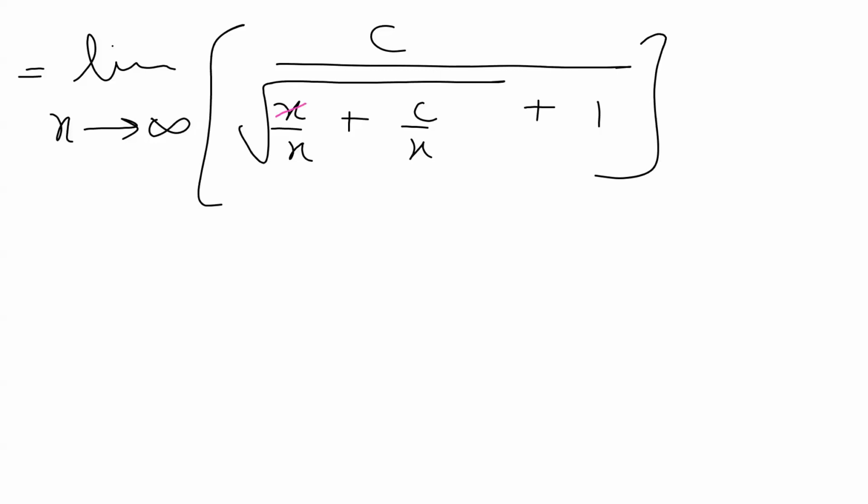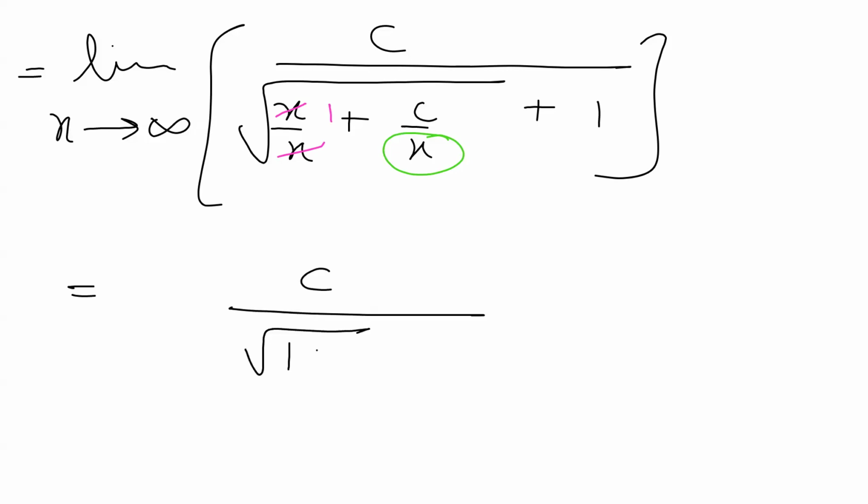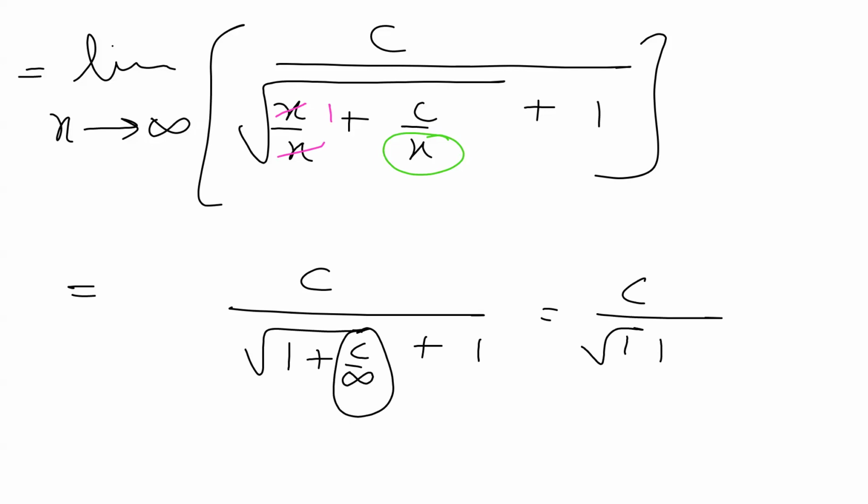X upon x is gone, so this is 1. Now what to put the value of x as? Infinity. So c upon infinity is 0. Root 1 plus 1. C upon 2.